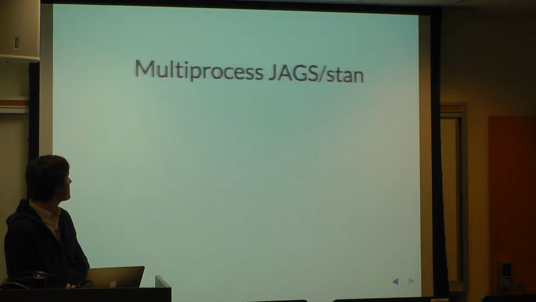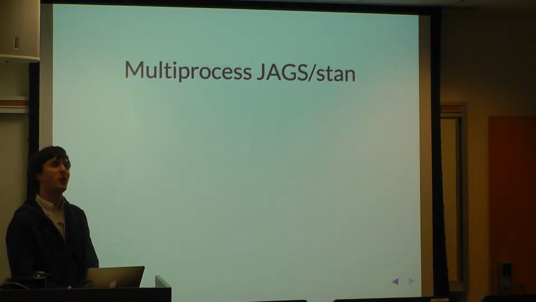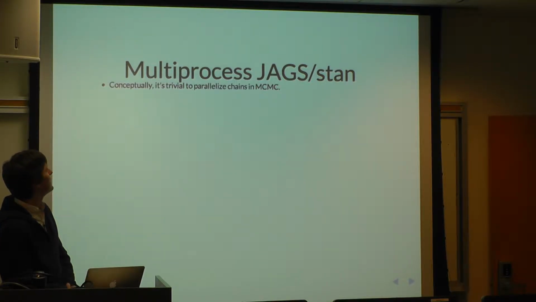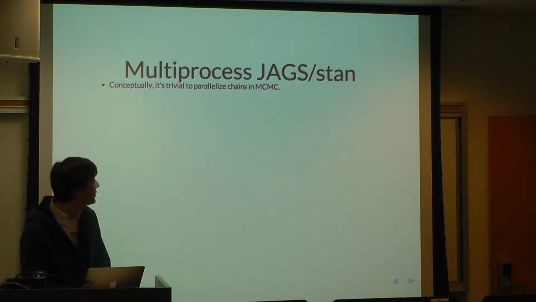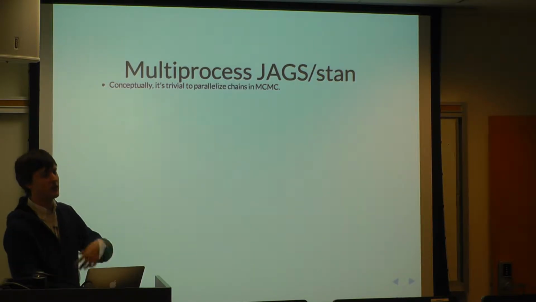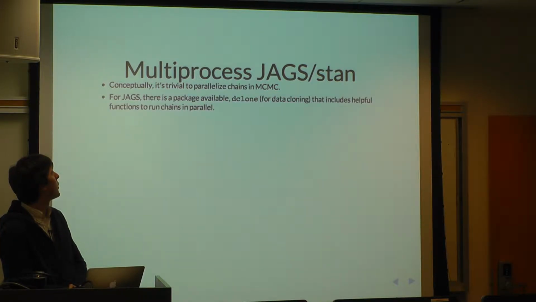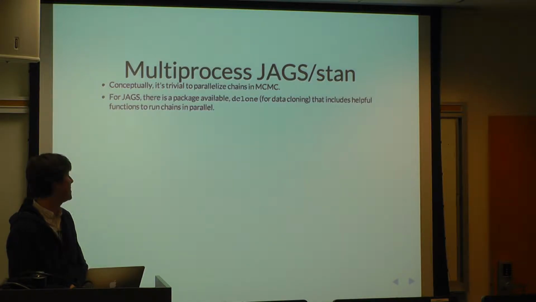Okay, so as requested, here's some multiprocess JAGS and Stan. Of course, it is conceptually trivial to parallelize chains in Markov chain Monte Carlo. So for JAGS, it's actually really easy.